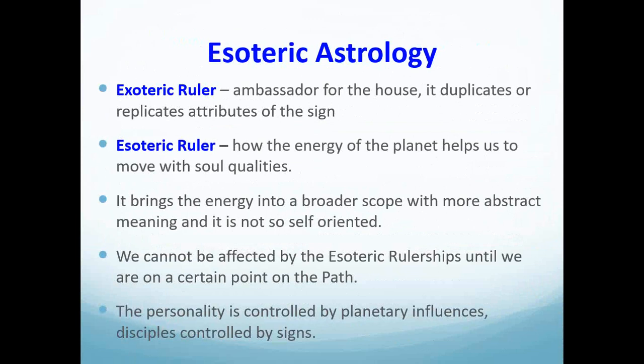So moving along here, the exoteric ruler is the ambassador of the sign. I also use the word agent. It's the agent of the sign that it represents. And that house that particular sign is in relationship with has similar attributes as the sign does. So the first house is represented by Aries, let's say.